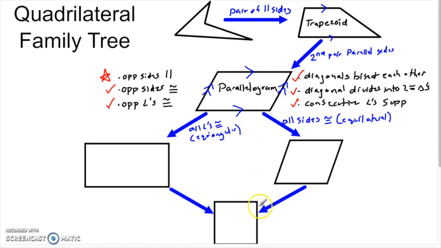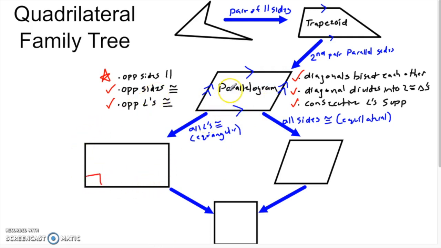So think about what those two restrictions would do to my parallelogram. If I take the parallelogram and I ask it to have all congruent angles, well, we already know that all the consecutive angles, say for example these two on the bottom, have to be supplementary. What would happen if I make supplementary angles also have to be congruent? What type of angle would they end up being? They'd end up being a right angle, wouldn't they?